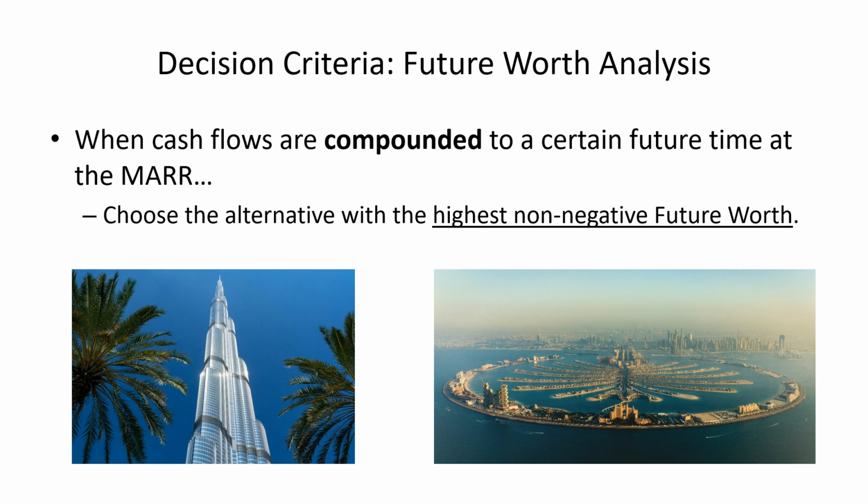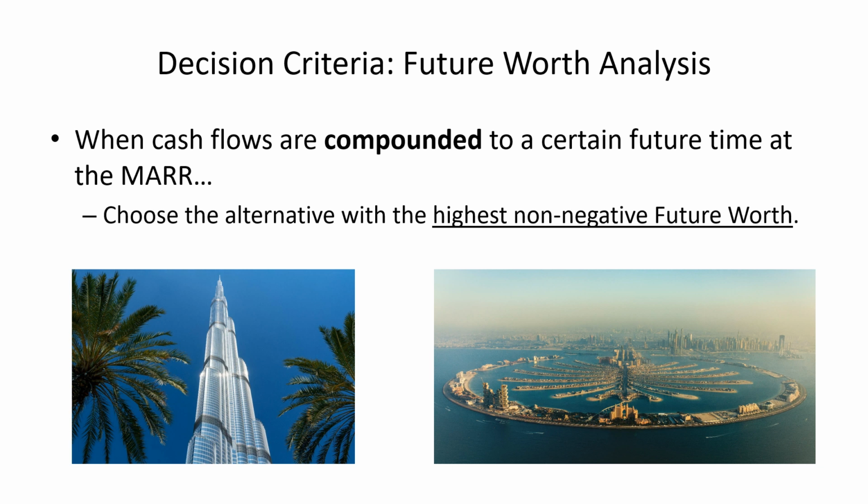So the decision criteria that we use in future worth analysis is very similar to what we did with present worth analysis. Instead of discounting outflows and inflows to the present, we're compounding them at some interest rate, the minimum attractive rate of return that's defined either by policy or by your borrowing costs, or it's just given the interest rate.